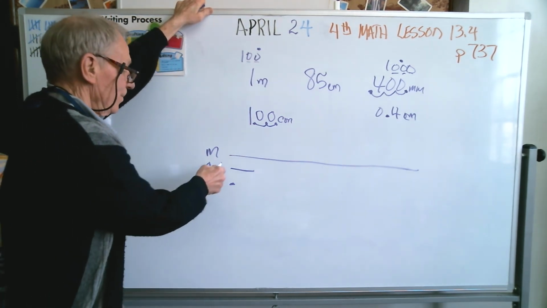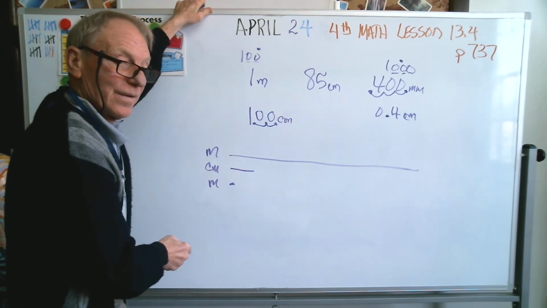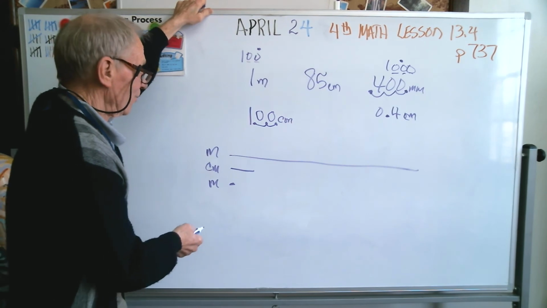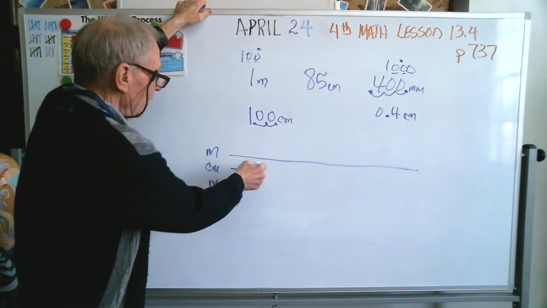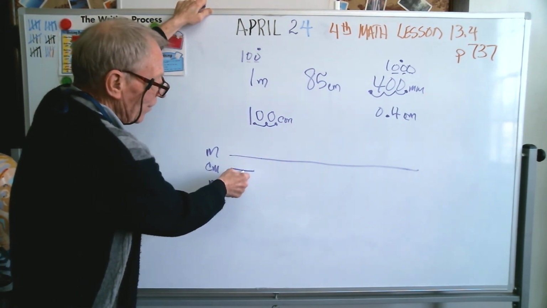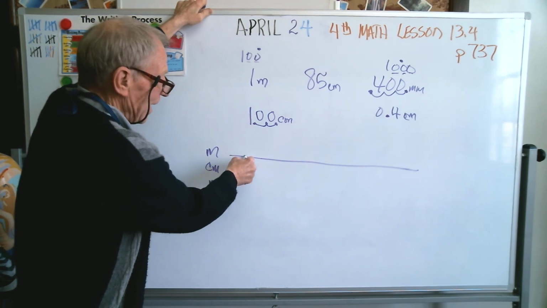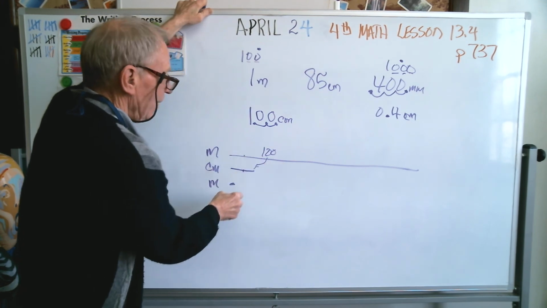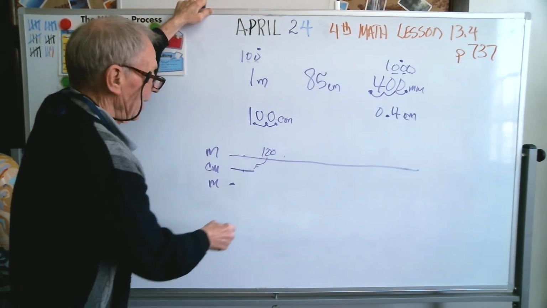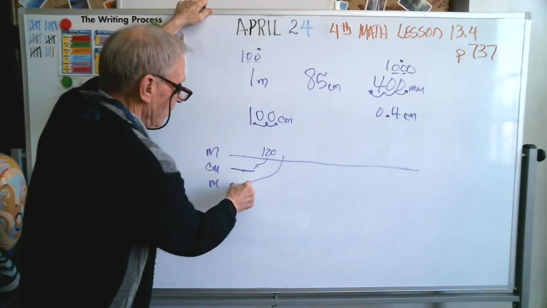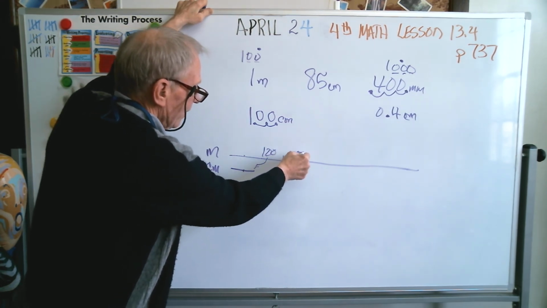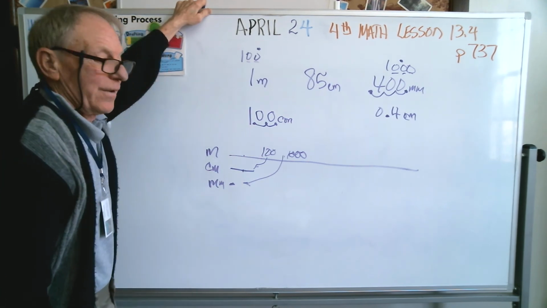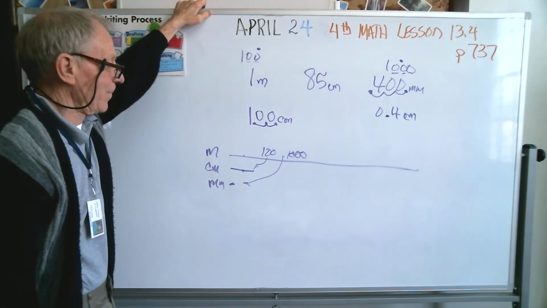So in order to make those numbers make sense, you just got to remember, if you're going from a bigger to a smaller, there's going to be more of these. Matter of fact, there's 100 of these in this, and there is 1,000 of the millimeters in that meter.